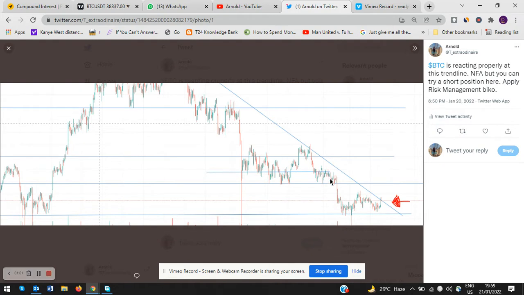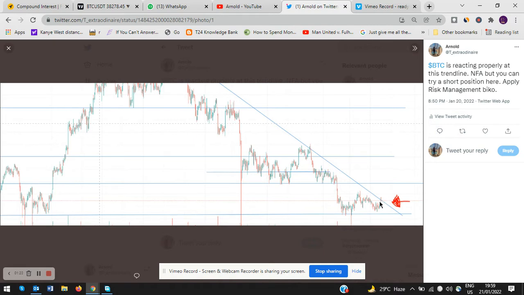I put this tweet out, and I said this trend line is ripe for a bounce, right? So I started taking a position from here, a short position. Now, if you notice what I said, apply risk management, because it's possible that it might break the trend line.